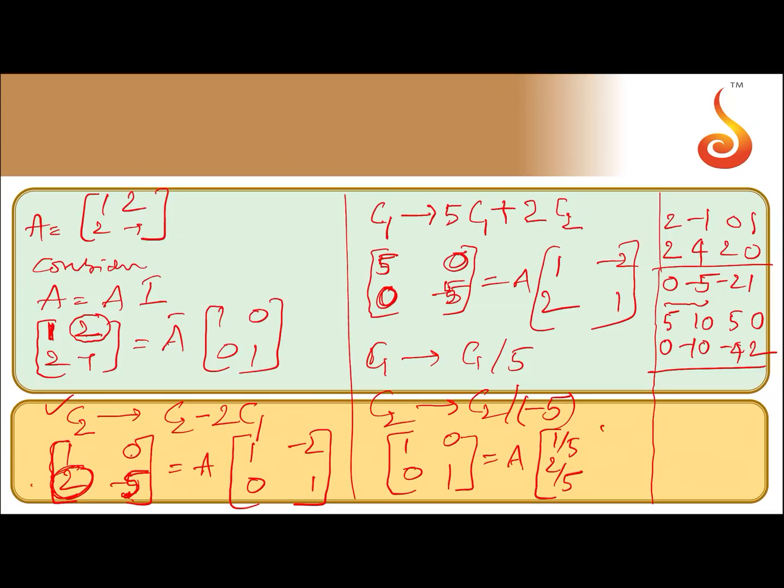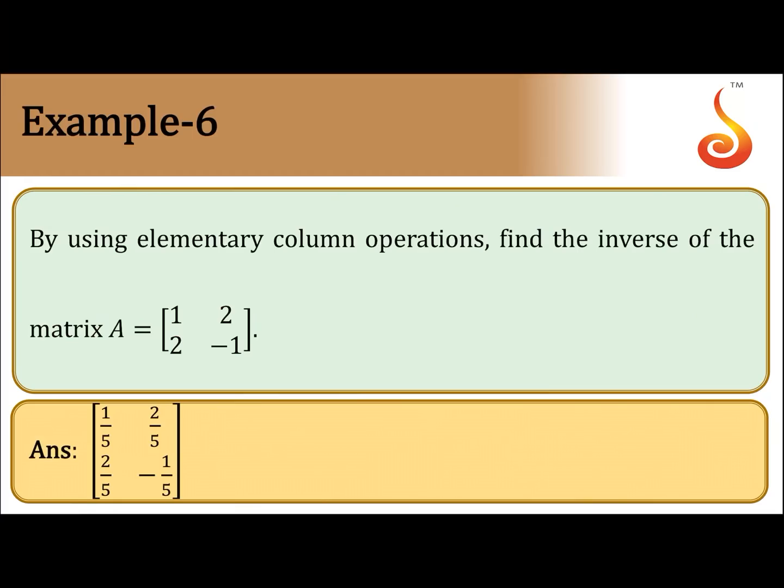The second column you divide by minus 5: it is 2 by 5, minus 1 by 5. So you got I equals A multiplied by A inverse. So this is A inverse: 1 by 5, 2 by 5, 2 by 5, minus 1 by 5.